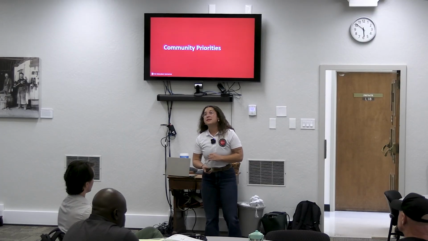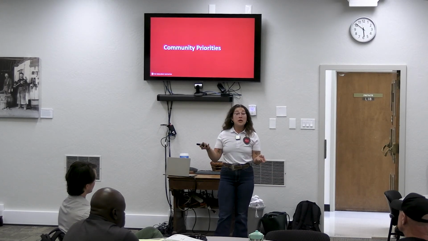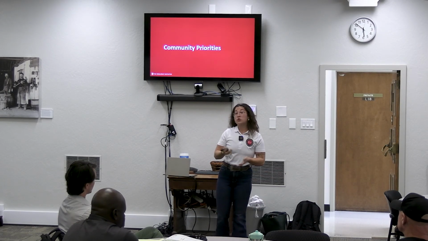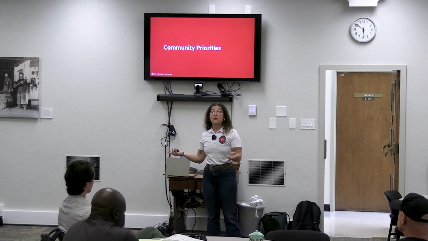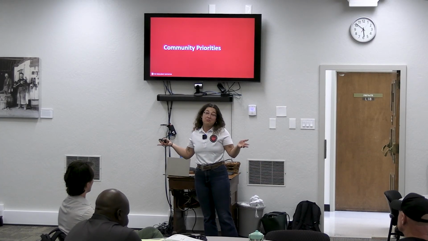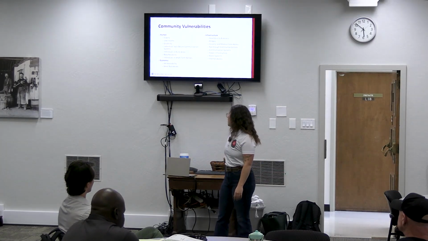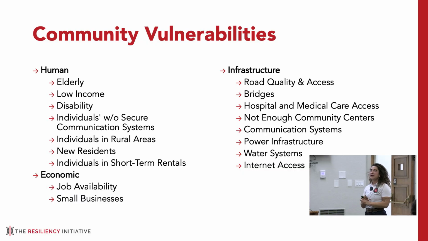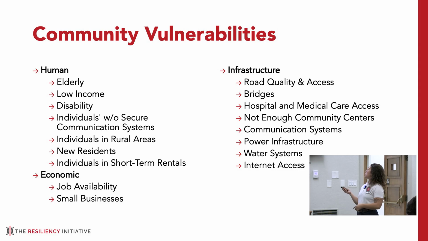So as we get into this next section, looking at community priorities, this information was pulled from our survey. So community priorities were given to us by the community. So looking at community vulnerabilities, we looked at 6 categories: human, economic, infrastructure, cultural and historical, environmental, and governance.